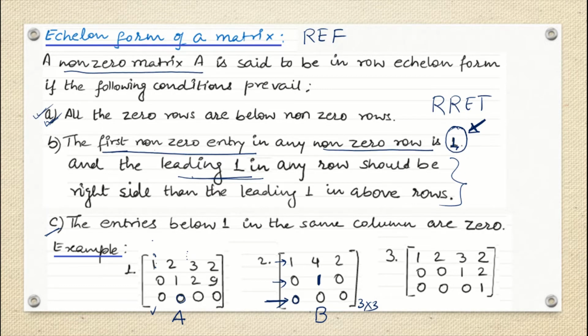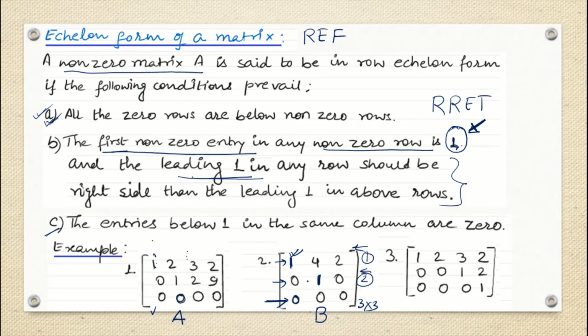What about the second criteria? The first non-zero entry in any non-zero row is 1. How many non-zero rows are there? This is a non-zero row. This is a non-zero row. 2 non-zero rows are there. So the very first entry which is not 0 should be 1. Yes, this is 1.